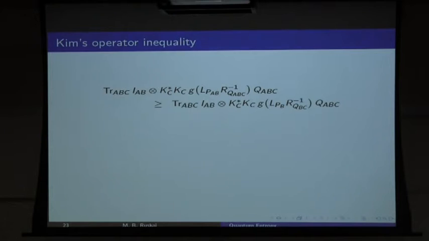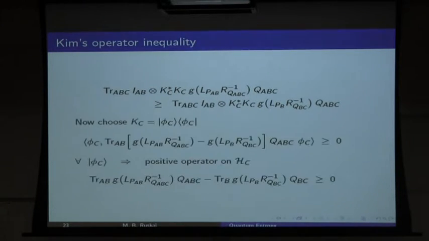And now the next thing that Kim Real did was to choose K_C to be a rank 1 projection. Okay, it's a rank 1 projection, so the trace over C simply becomes an inner product on C. And this is arbitrary, it's true for all phi_C, so it has to be a positive operator.